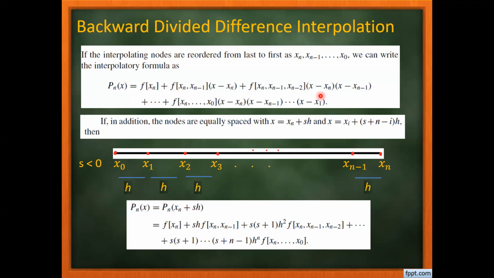In the next term, x minus xn will be sh, and here I'm going to get i equal to n minus 1. So substitute n minus 1, and I'm going to get s plus 1. So it is s into s plus 1 times h square times f of xn, xn minus 1, xn minus 2. Adopting a similar approach, you can calculate the last term.